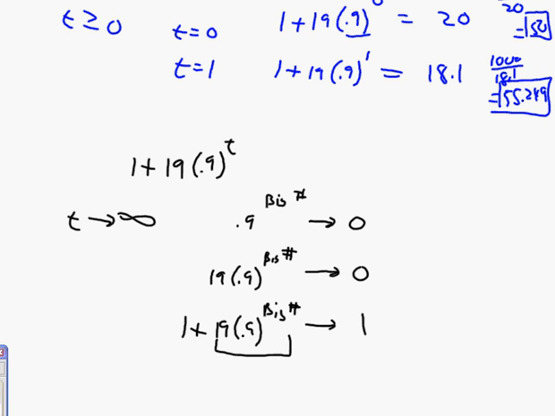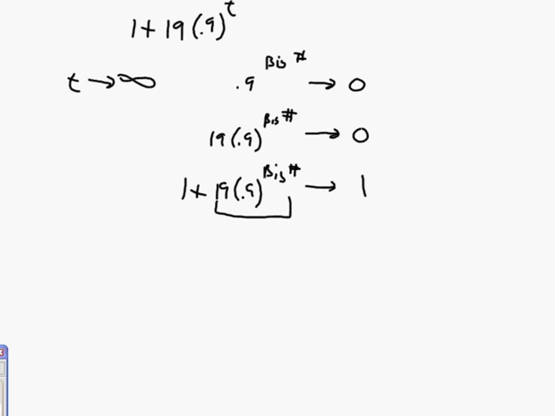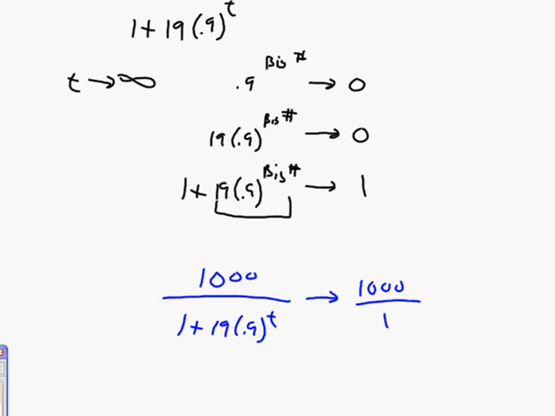So what does that tell me? Well, our fraction 1,000 over 1 plus 19 times 0.9 to the t gets really close to 1,000 over 1 as t, in this case, gets really large.